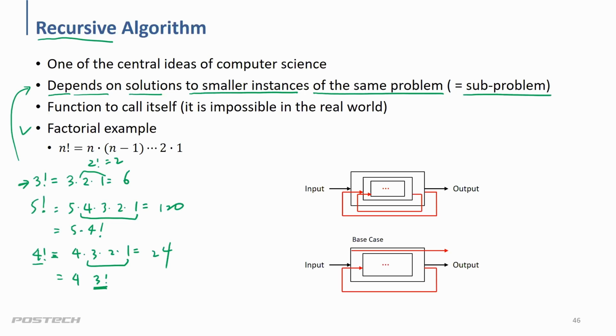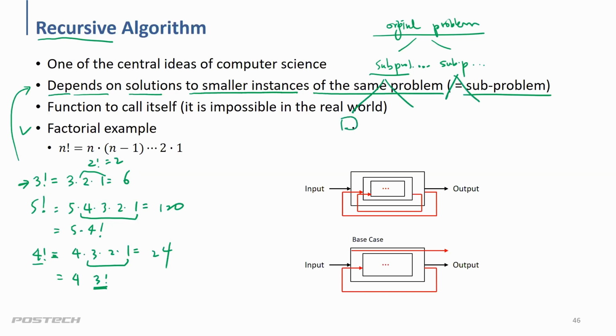So the idea is that, suppose we have the original problem. To compute the original problem, we can split it into sub-problems. It doesn't have to be 2, but say we can split it. And we can split it again.